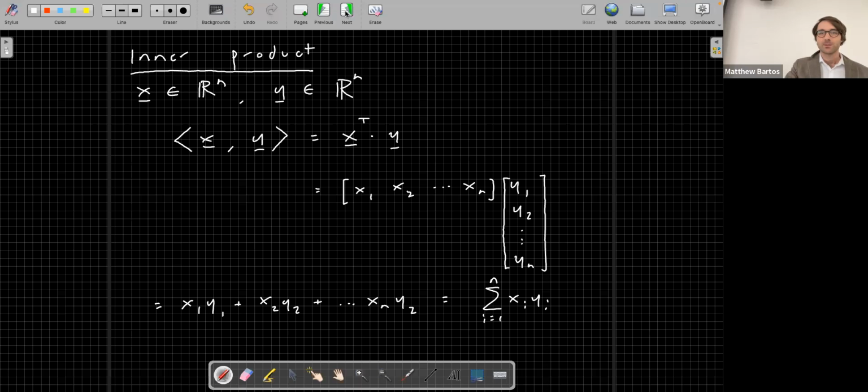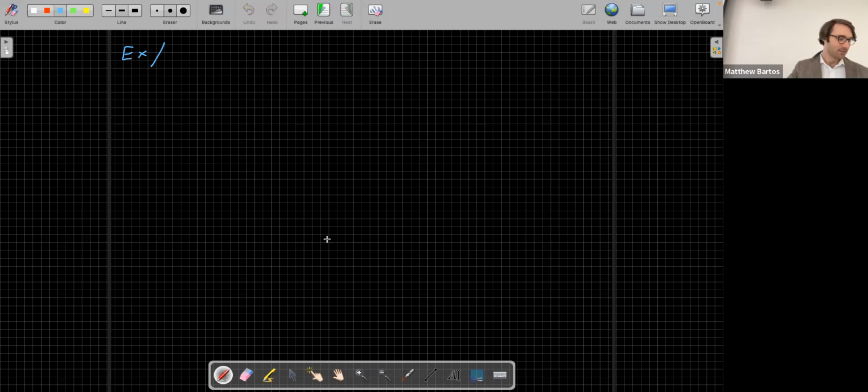Okay, so let's go through a quick example. You've probably seen this before. Let's say we have vector X = (-1, 3, 2), and our Y vector is (0, 4, 5).